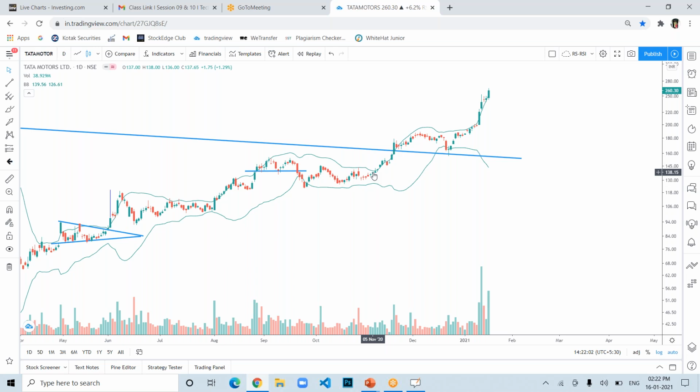Now, which direction the movement will happen, that we do not know. Why? Because this is only indicating that the volatility is going to increase.